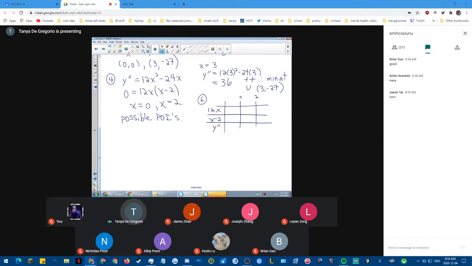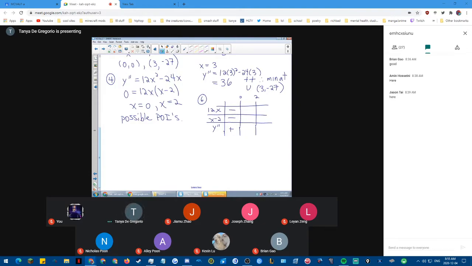And we want to know if it's positive or negative in the end. Okay, so to the left of 0, looking at 12x, positive or negative? Negative. And x minus 2 to the left of 0? Negative. Negative. Excellent. Okay. So here we're concave up.